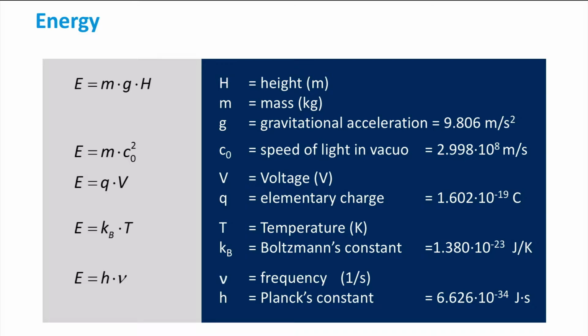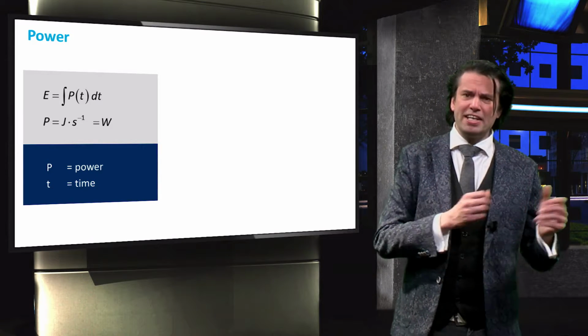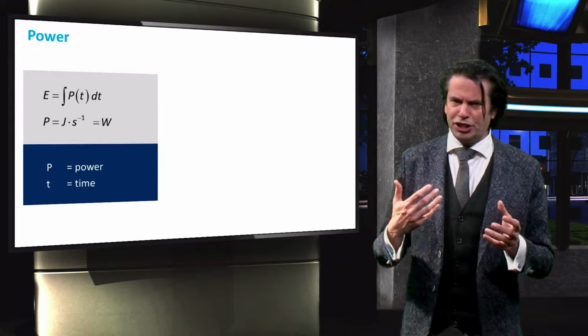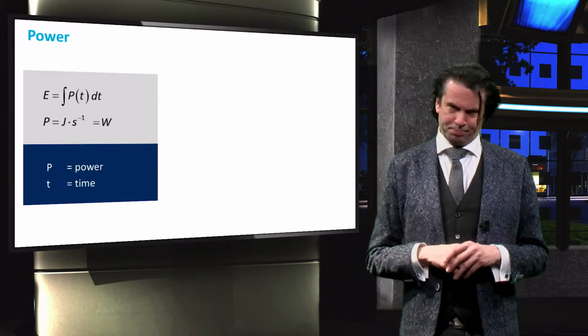All these constants and implicitly all these definitions of energy play an important role in the field of photovoltaics. Now on to power. The power P is defined as the amount of energy used per unit time, denoted by t.